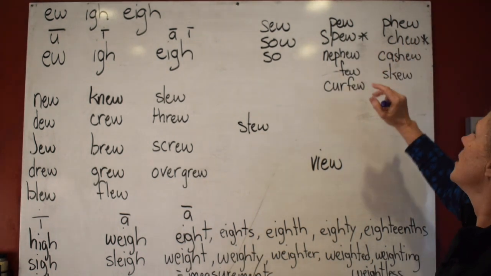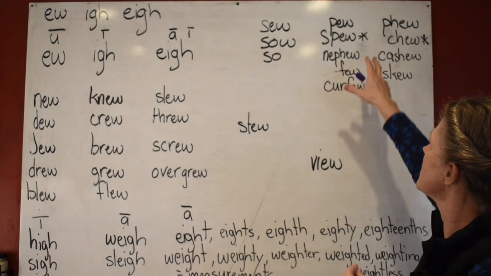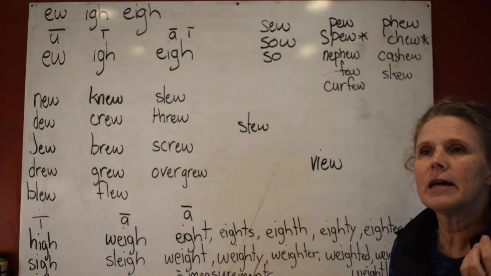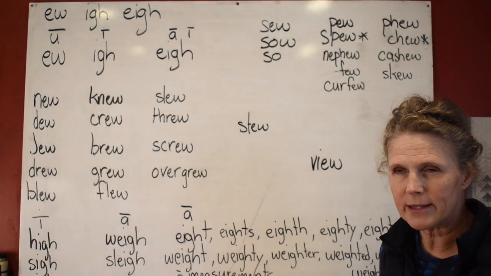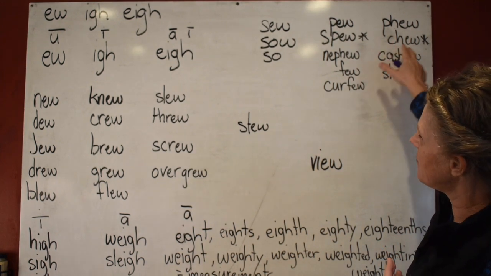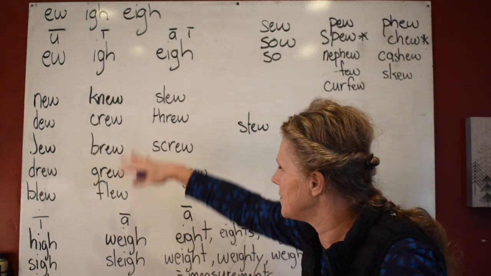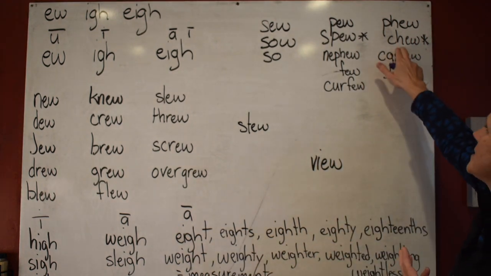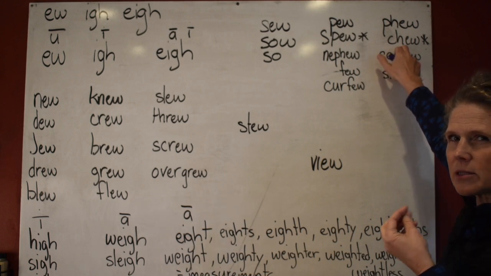chew. Now, this one is interesting because spew and chew, I feel, can go both ways. You could say chew, chew. So this one, I feel, could also be over in this area where it's going to say ooh, but yet it's saying a soft letter sound.